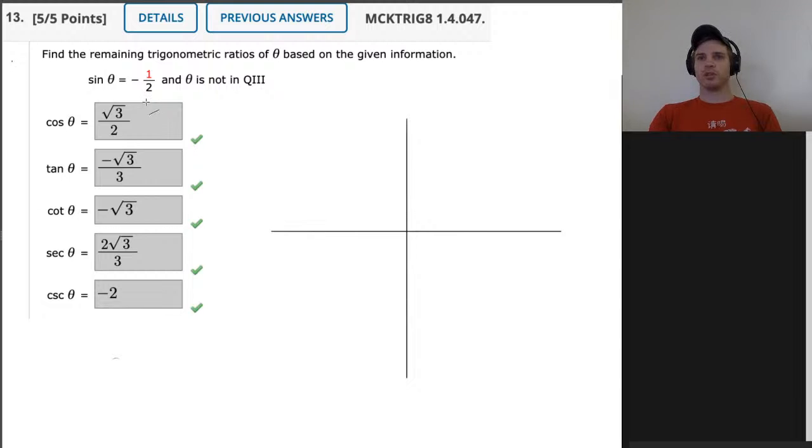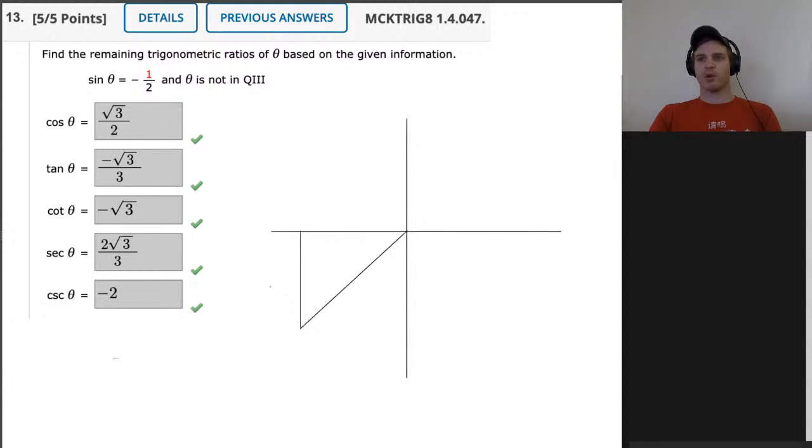So what you do is you draw an angle in quadrant 3. It doesn't need to be to scale or anything. And then you use that and construct a triangle here. So you know that the sine of theta is the y divided by the hypotenuse.